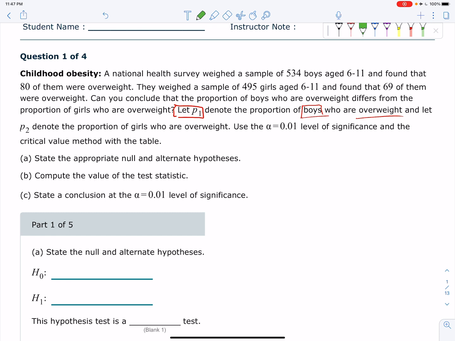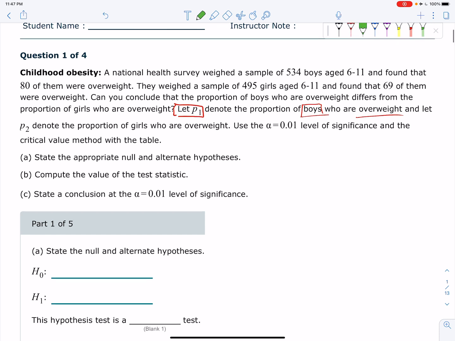And let's use green. And let P sub 2 denote the proportion of girls who are overweight. Using color, I find it can be really helpful, at least when I'm teaching. So let's go back. Now we know what P1 and P2 are, and the book defined that for us, which is nice.